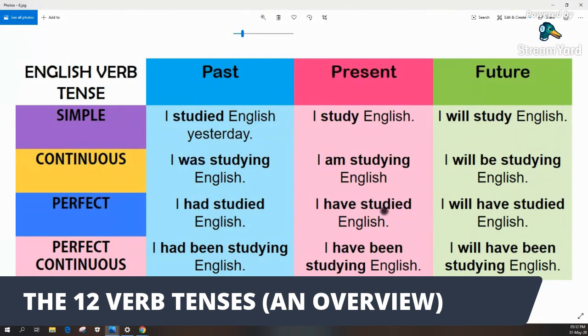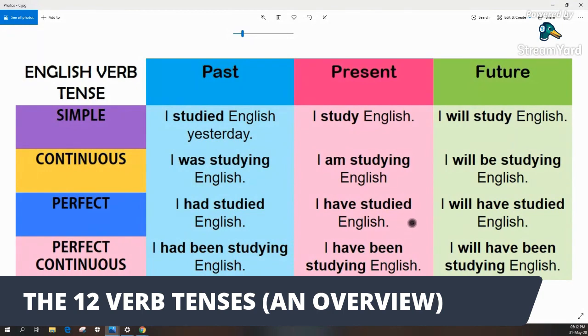Then we have the present perfect tense. I have studied English. So when to use this one? So this is to indicate past action, which is not defined by a time of occurrence.